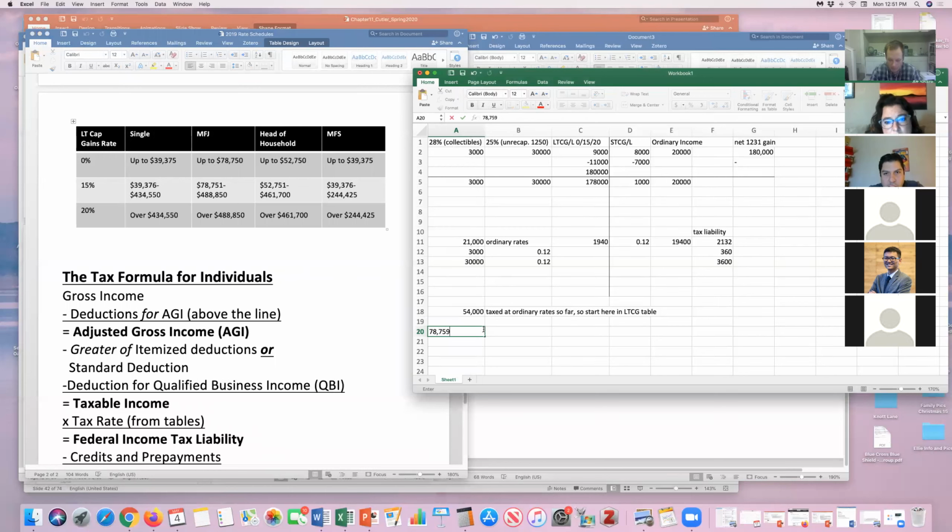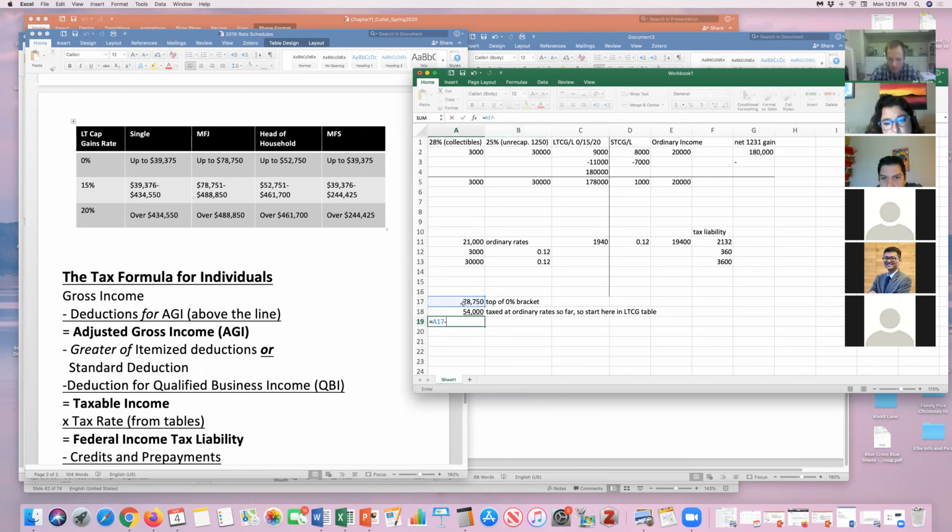I'm going to put this here, maybe it'll make more sense. This is the top of the 0% bracket.